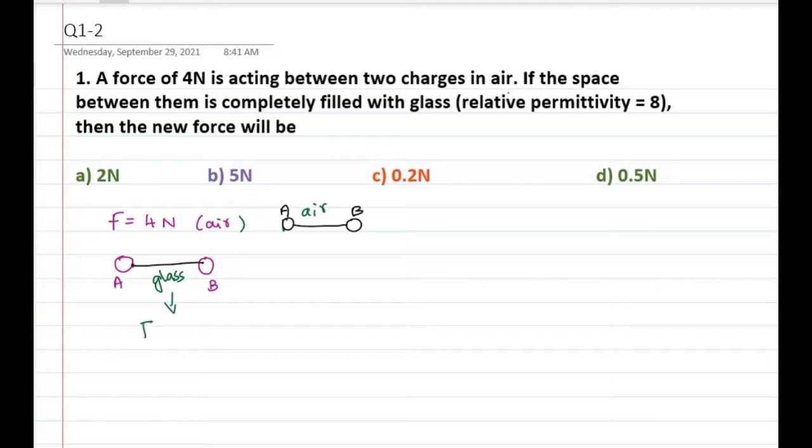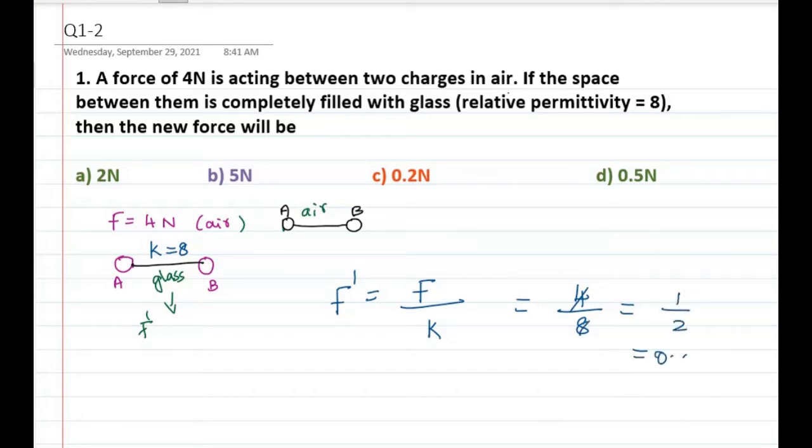The relation for the new force F dash is equal to F divided by the dielectric constant of the material K, which is 8. So we'll get 4 divided by 8, which is equal to 1 by 2, which is 0.5 Newton.